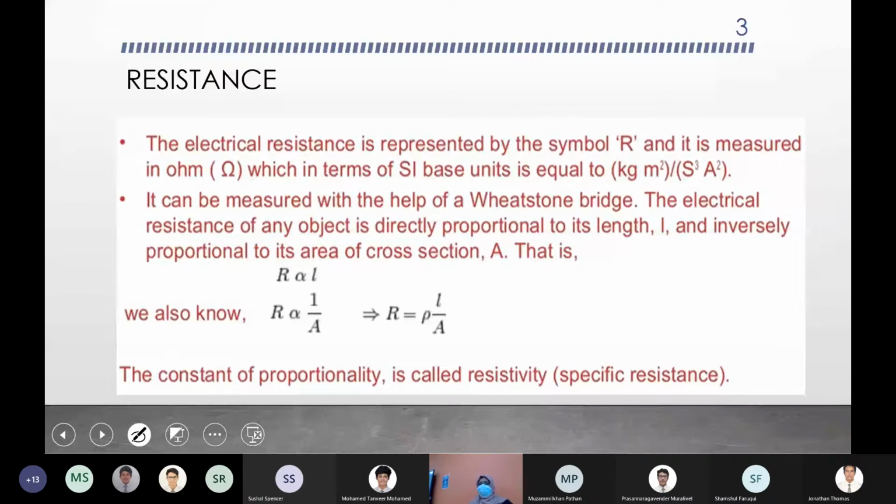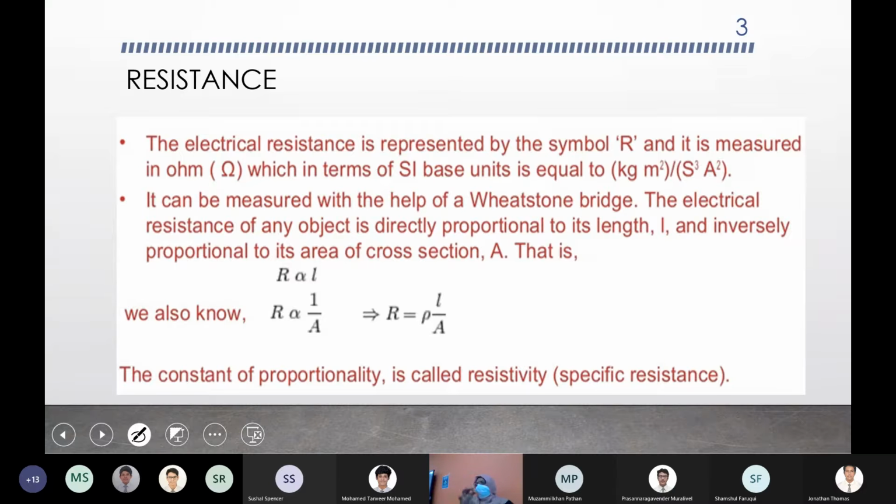So resistance, you know what is resistance? In physics you studied, right? It limits the flow of electrons, controlling or opposing the flow of current. And resistance is affected by length and area of cross section. R is proportional to the length of the wire, because resistance is related to the solid material, not to aqueous or liquid substances.